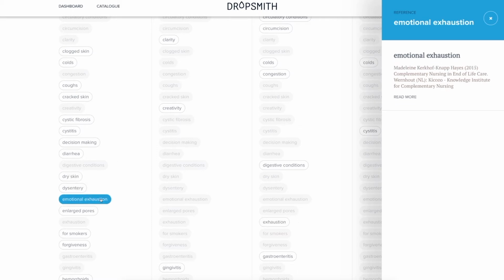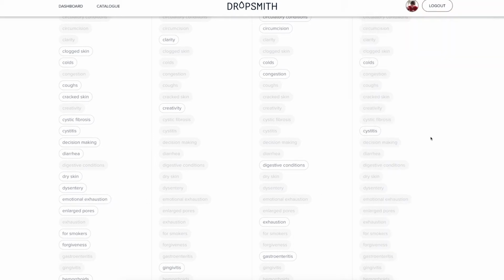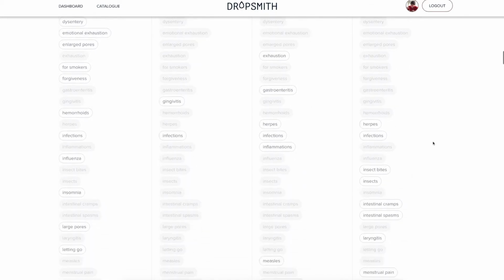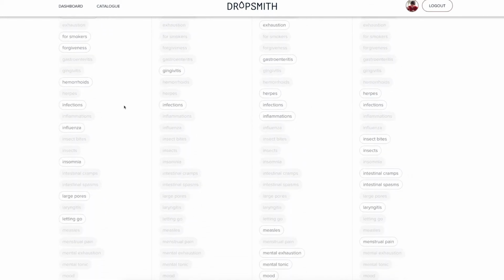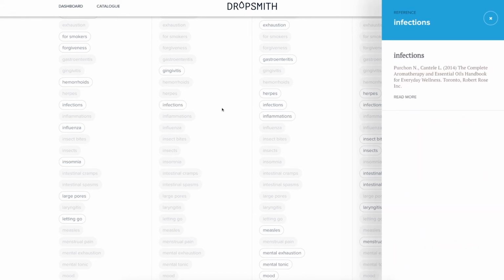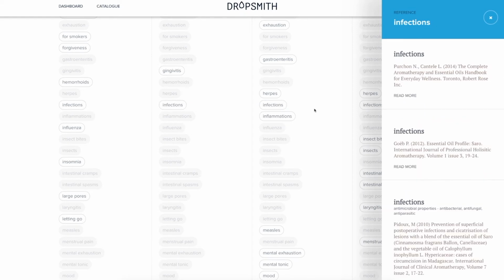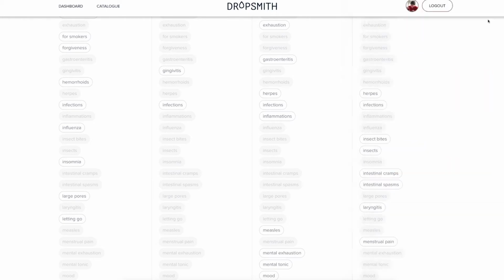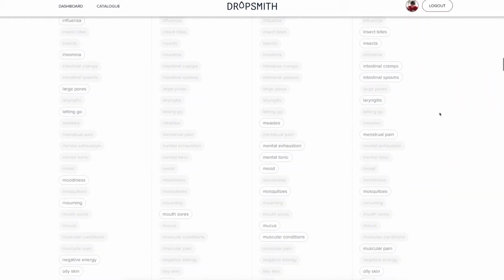See physical and mental exhaustion, or here emotional exhaustion by a different author. So compare these things and see if they add up or not. And here you see all 4 of them are used for infections. Here you'll get different references from different people who suggest using it for infections, and which infections.